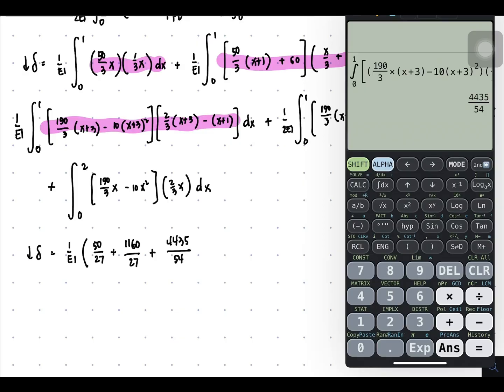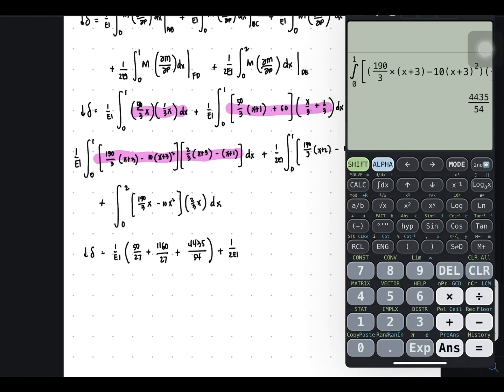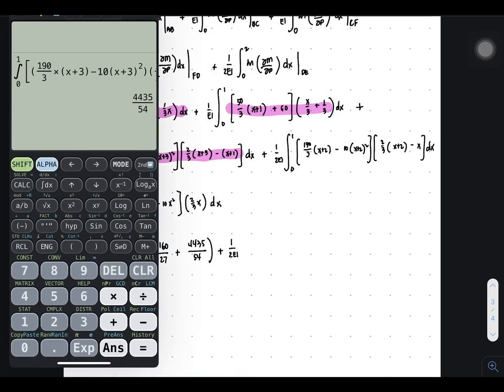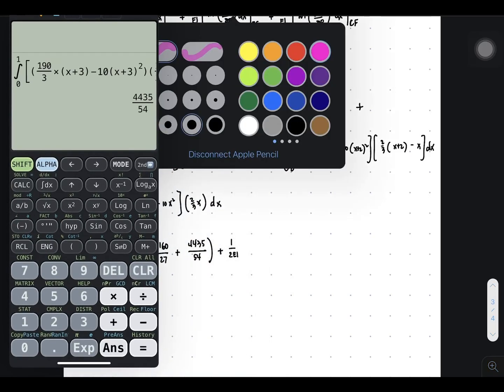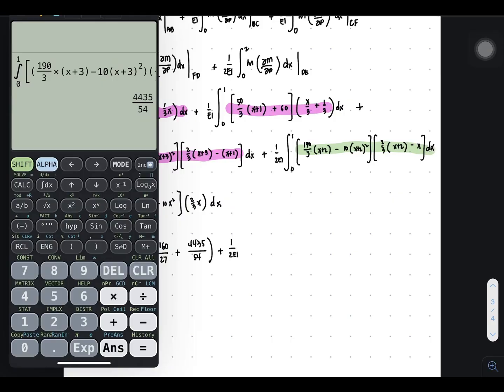And I will close this now, for I will now have the 1 over 2 EI. So 1 over 2 EI, this one, this is for the 1 over 2 EI.